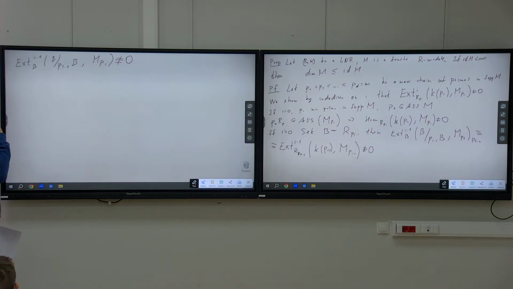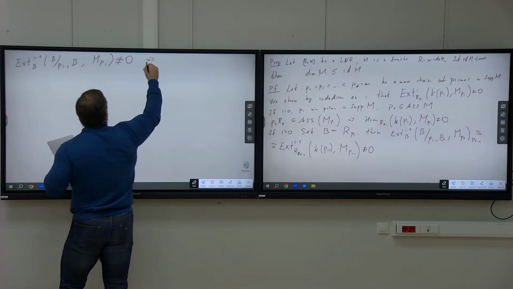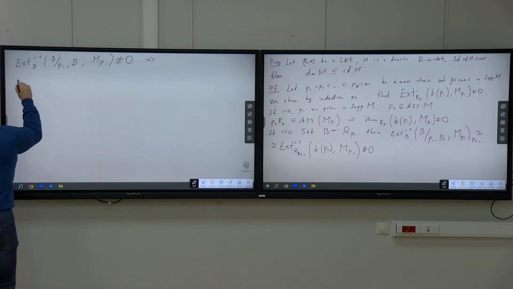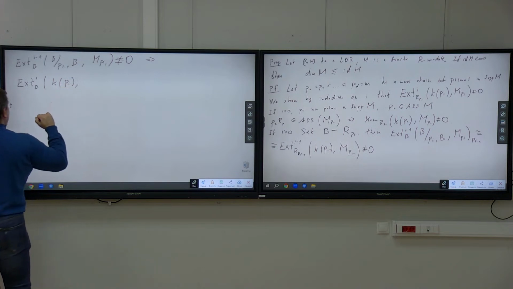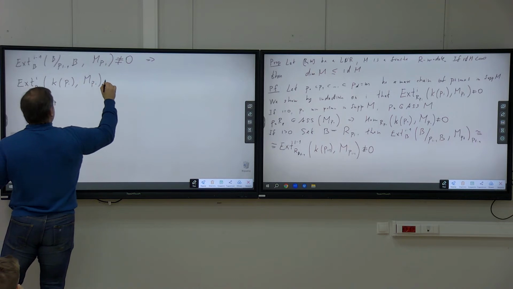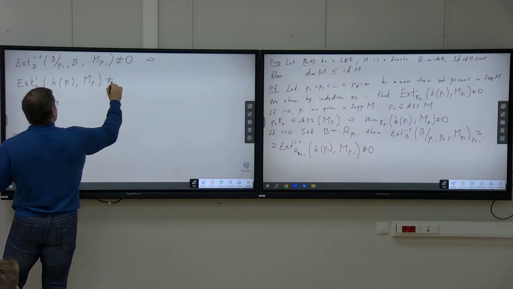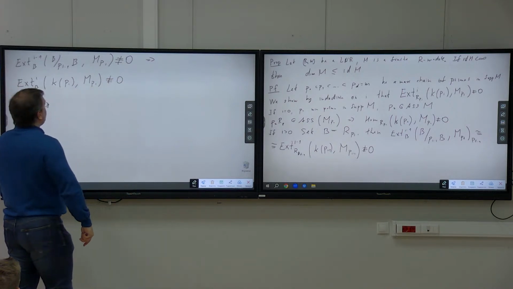If there is one localization which is not 0, then the module is not 0. So if this is not 0, then Ext with the index I over K(Pi), indeed K of Pi, and M_Pi is not isomorphic to 0. And this finishes the proof.